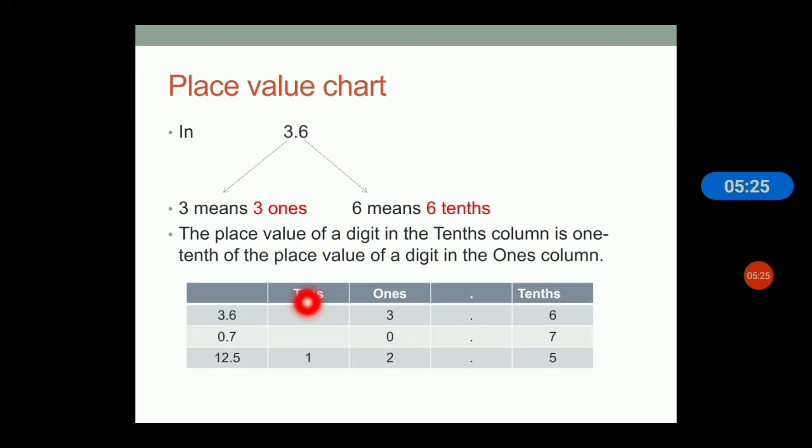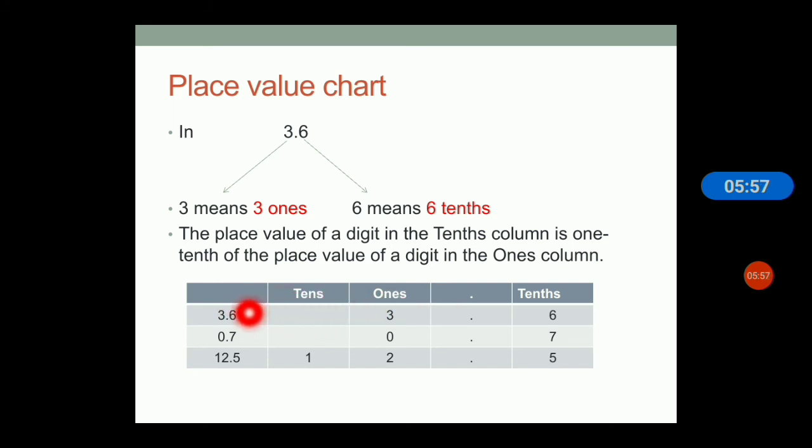If we represent the place value chart, you can see 3.6 is given. 3 is in the ones place, and after the point it starts with tenths, then hundredths, then thousandths. One thing you should always know: before the point, as we go to the left the place value increases by 10 times, but after the point in the decimal system it decreases 10 times.